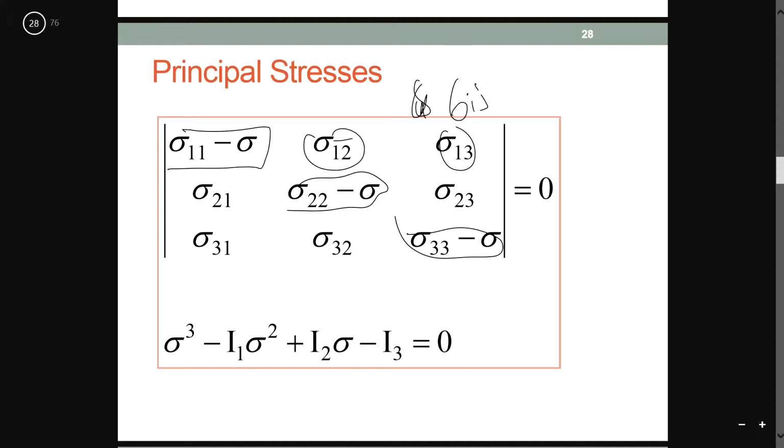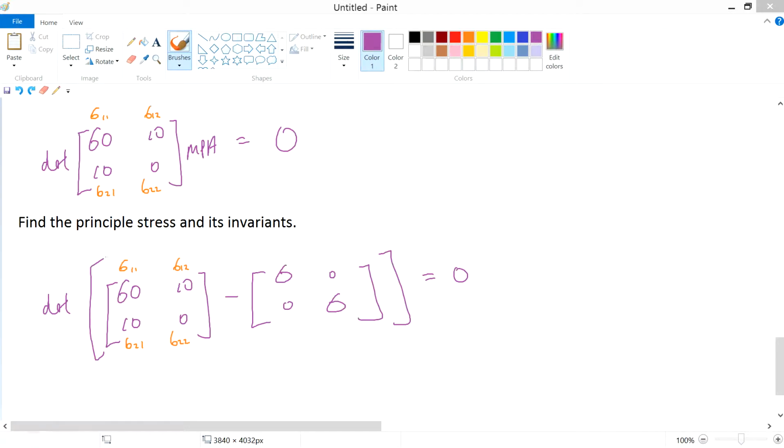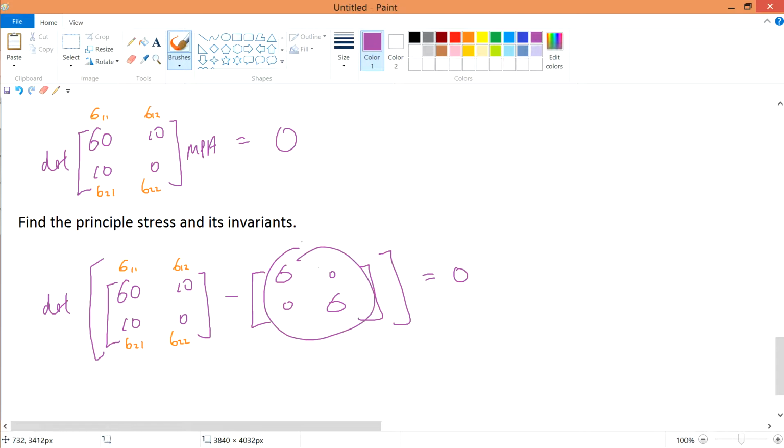So I should have, if I want to find principal stress, you just remember it's taking your stress tensor minus the principal stress, determinant equals 0.